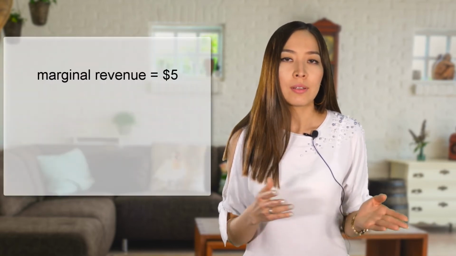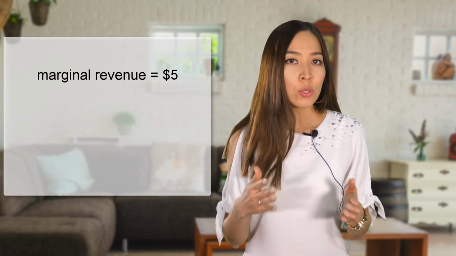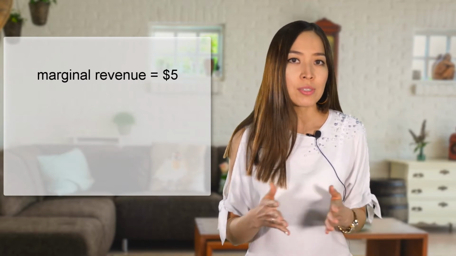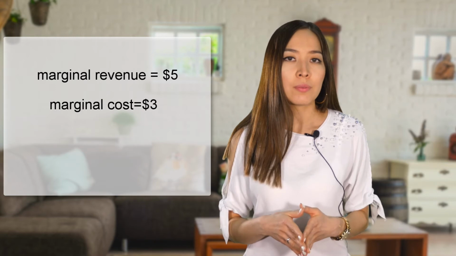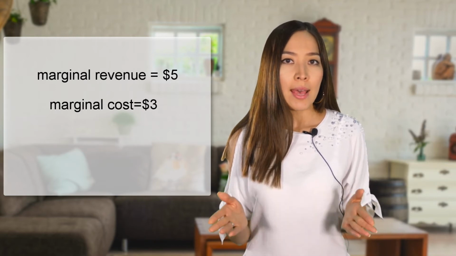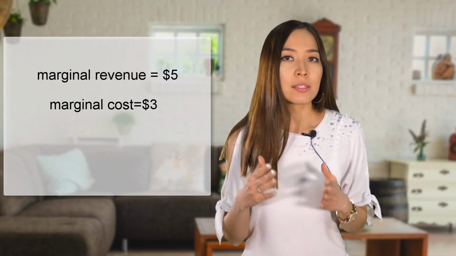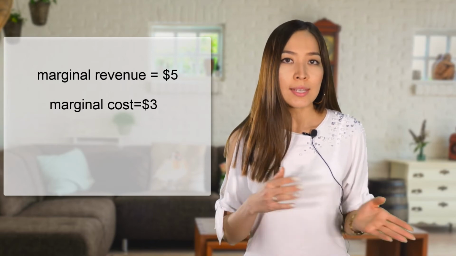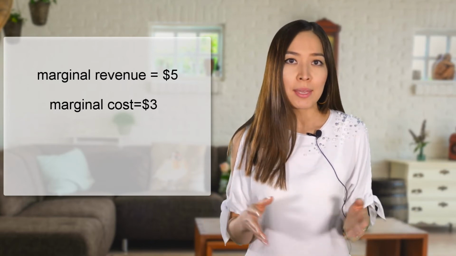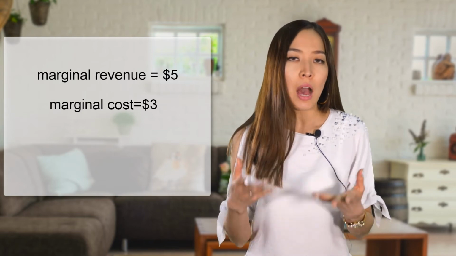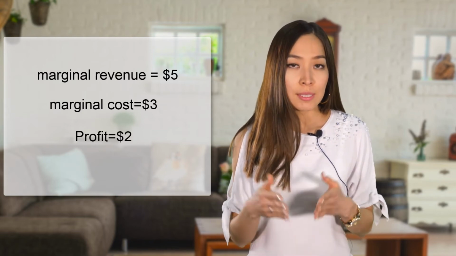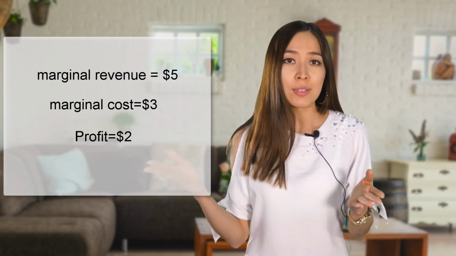Let's suppose that the marketing manager analyzed the elasticity indicator, got the current price for their product and determined the actual marginal revenue is $5, and he also received marginal cost information from his colleague from the operations department. This indicator is $3, and with these two pieces of information, the marketing manager can decide to continue increasing the output, because profit is positive: 5 minus 3 is 2.